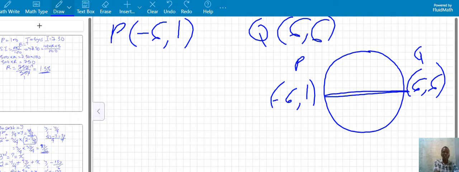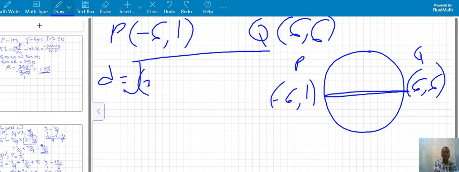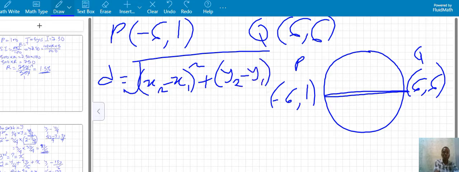Now remember, the diameter of a circle, according to the equation, D will be equal to the square root of (x2 minus x1) square plus (y2 minus y1) square.